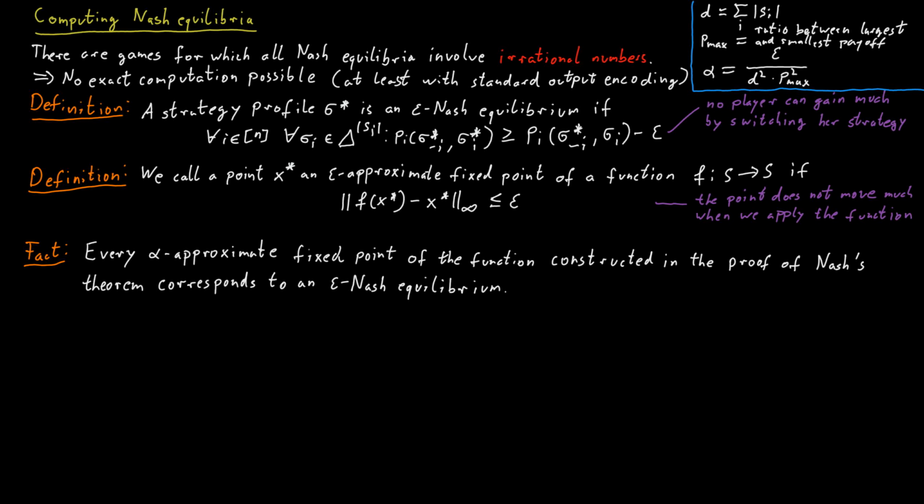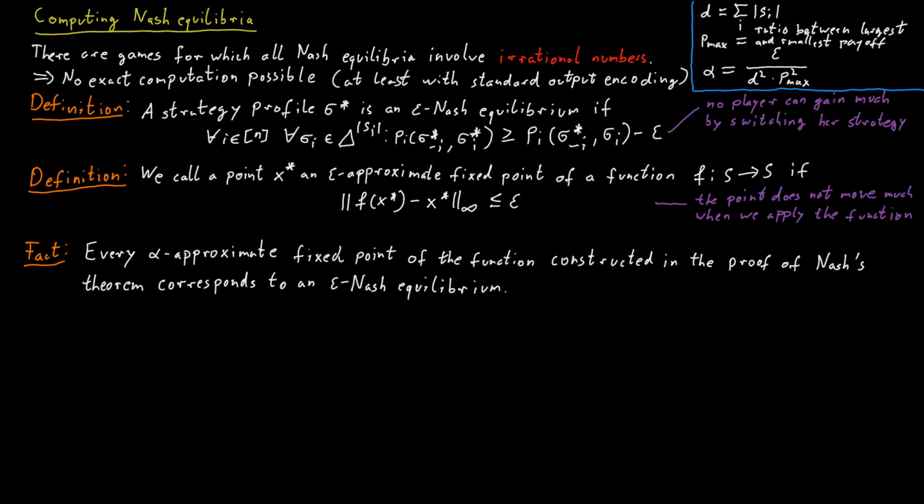Okay, so for this we need a theorem, and this is Scarf's theorem. What Scarf's theorem provides us is a way to use Sperner's lemma to find approximate fixed points of a function. Remember the proof of Brouwer's fixed point theorem from a previous video.